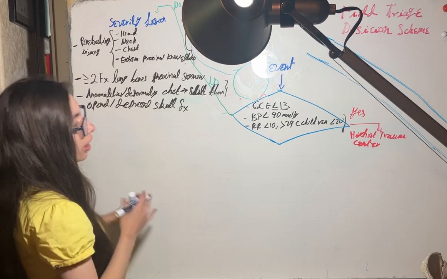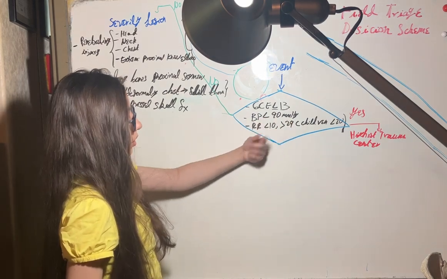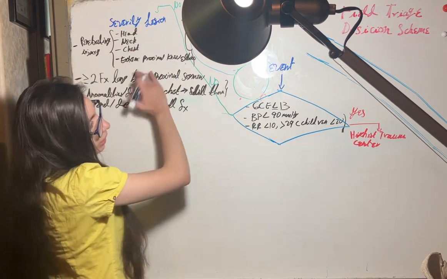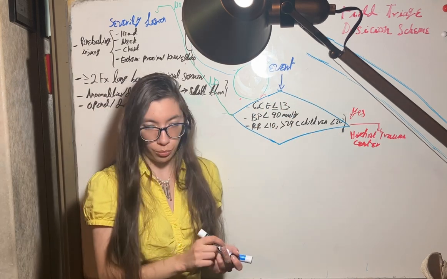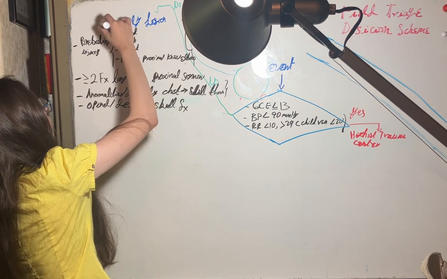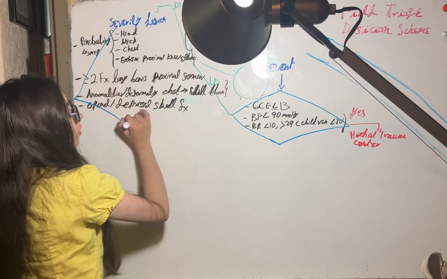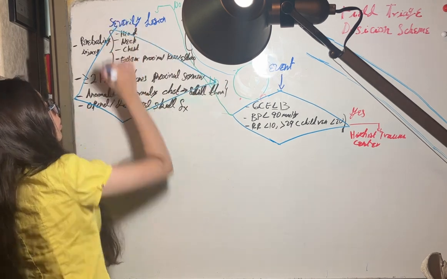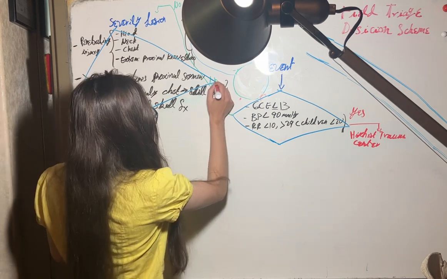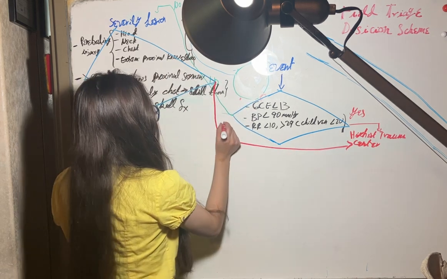Basically, even if the blood pressure is not less than 90 or respiratory rate is not less than 10 or greater than 29, if these criteria are met, then the patient needs to go to a trauma center. So if the answer to this is yes, then the patient needs to go to the highest level trauma center.